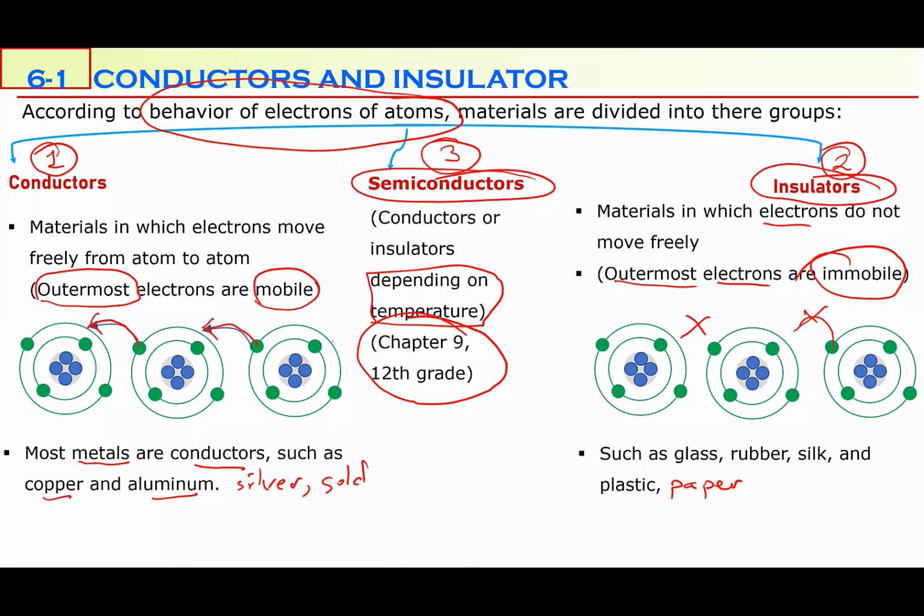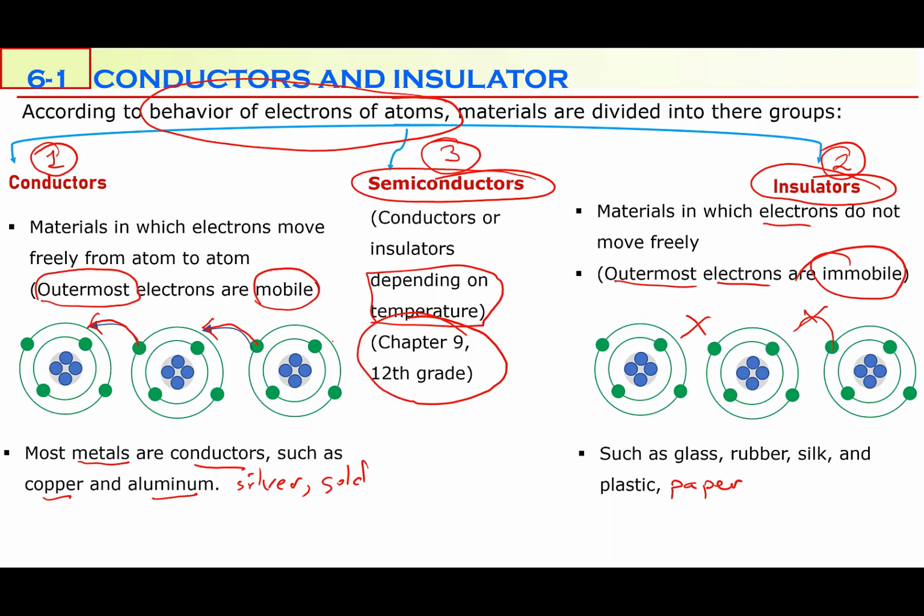So this is a summary of how we classify materials into three groups. Conductors are the first group, which conduct electricity by means of mobile electrons jumping from one atom to the next. The second group is insulators. Electrons of the atoms cannot jump from one atom to the next.